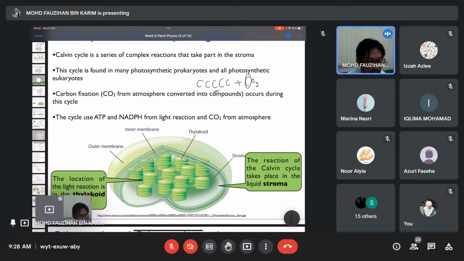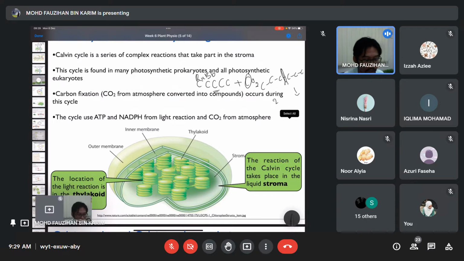So it means it needs 6 times, and it needs 3 of what we call RuBP, ribulose 5 biphosphate. It has 5 carbons, so it will fix 1 carbon and become 6 carbons, right? Then the 6 carbons will split off and become 2, right?